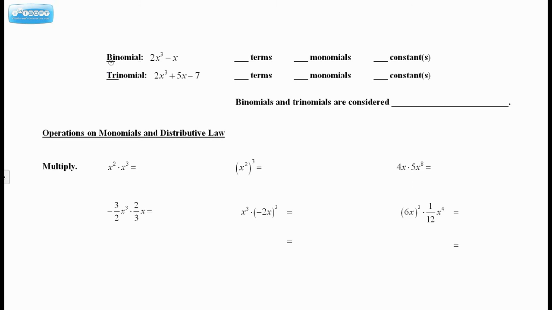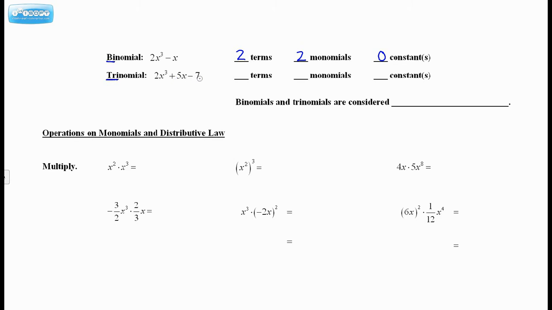If you have a binomial, the bi implies 2. So here's an example of a binomial because we have 2 terms. We actually have a monomial here, and I'm subtracting another monomial. So I have 2 monomials and no constants. Okay, what do I mean by a constant? Well, you'll see that here. This is called a trinomial. Why? Because I have 3 items, 1, 2, 3, and they're just being added or subtracted from each other. So this is a monomial. This is a monomial.